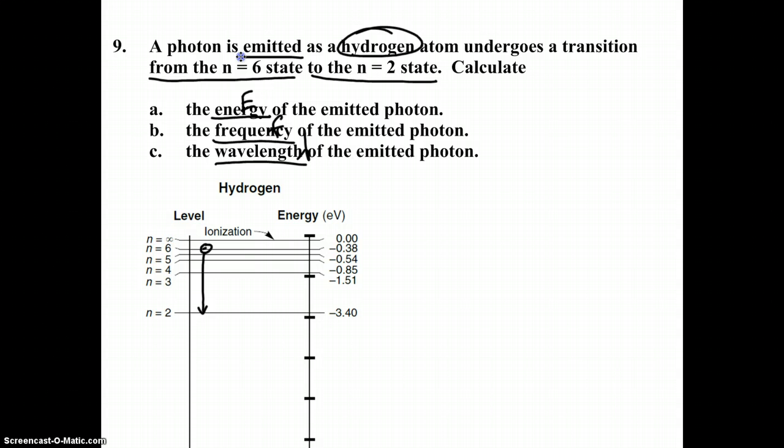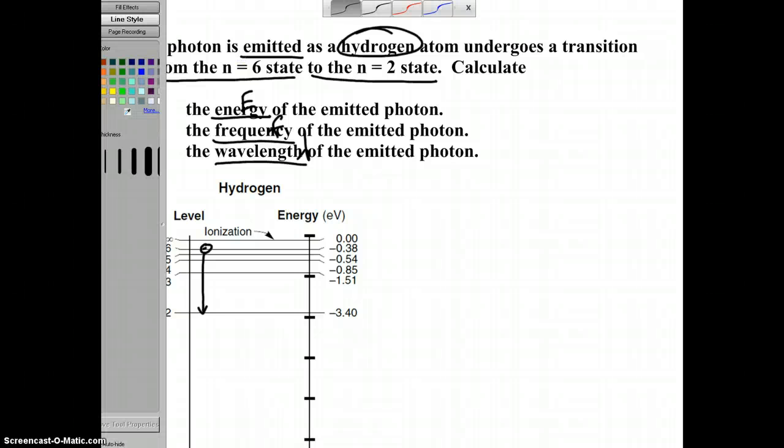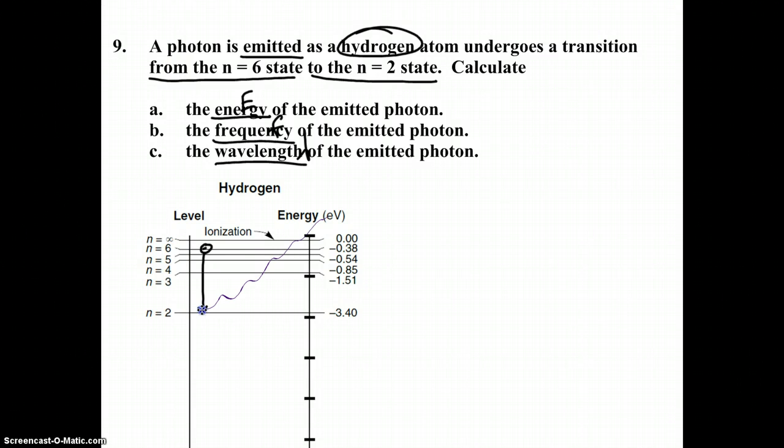And when it does that, it ends up emitting a photon that ends up being visible, and we'll see that here in a little bit. And it happens to be the violet photon given off by hydrogen, one of the 4 visible photons that can be seen with a human eye.